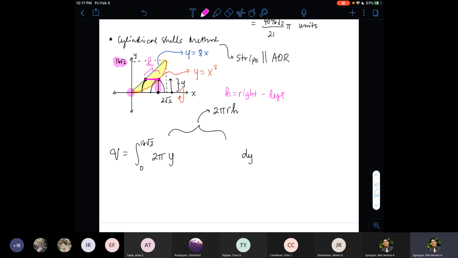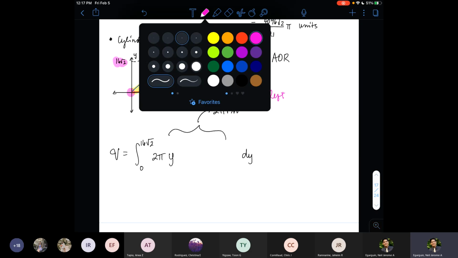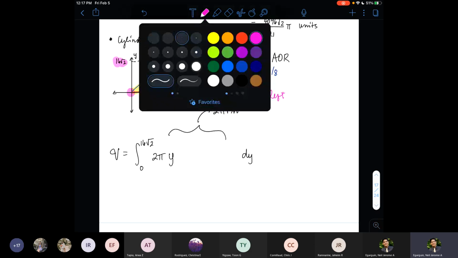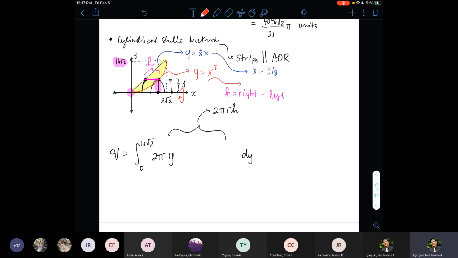Now, we need the equations of the right and the left functions, but we are integrating with respect to y, so I need to write the equations in terms of the variable y. The equation of the blue curve can be rewritten as x equals y over 8. And that of the red curve can be rewritten as x equals cube root of y.